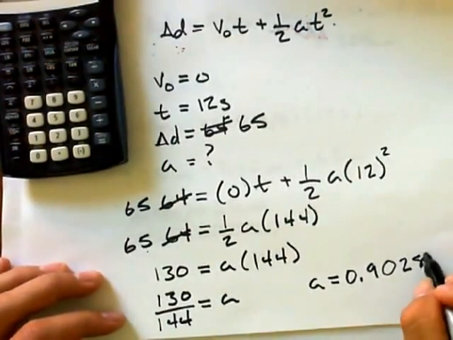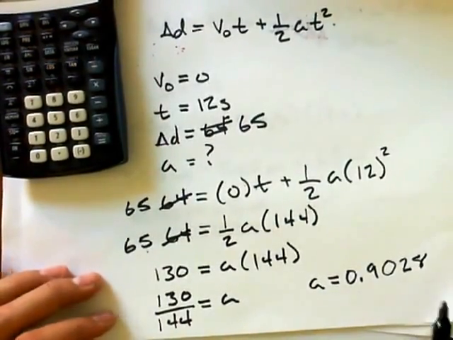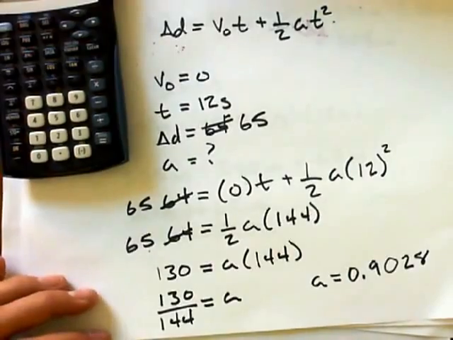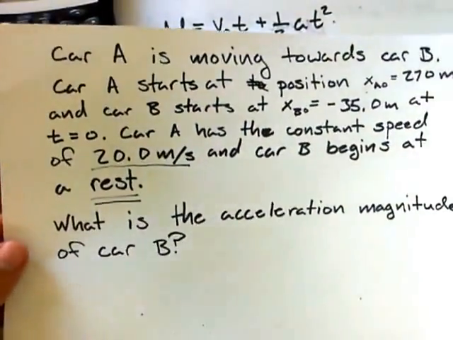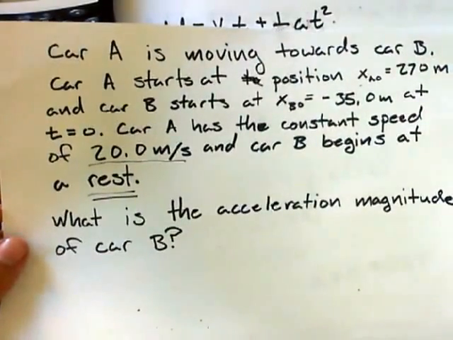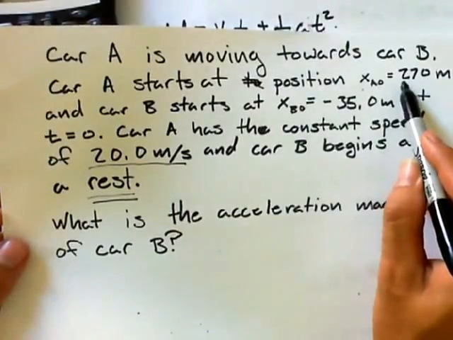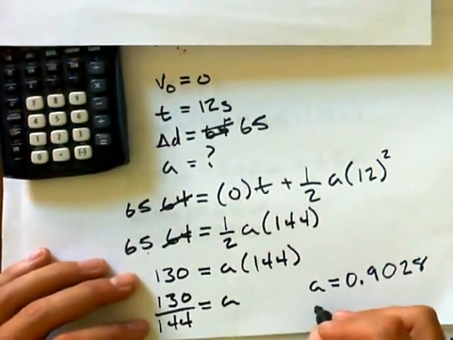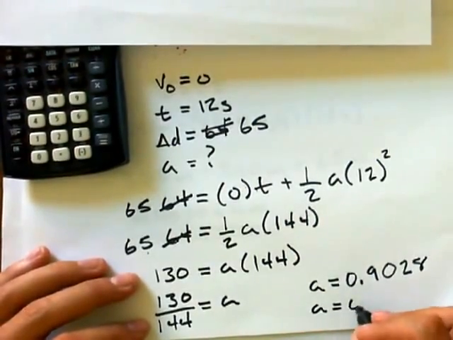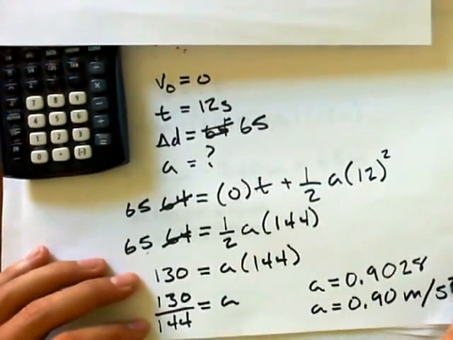We'll round it right there. Well, this isn't quite the answer we want because we have to look at our sig figs, and looks like we're good to about 2 sig figs here. So the answer is A equals 0.90 meters per second squared.